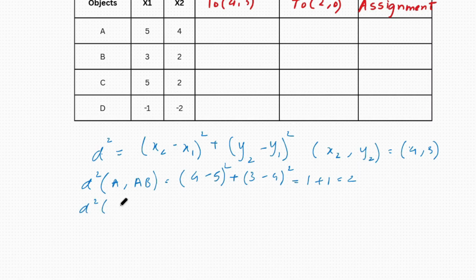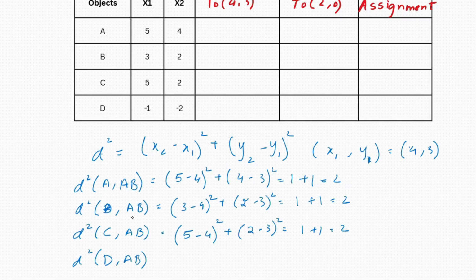Now d square of B comma AB is equal to (minus 1 minus 4) whole square plus (minus 2 minus 3) whole square, which is equal to 50. So now let's update these values in the table: 2, 2, 2 and 50.